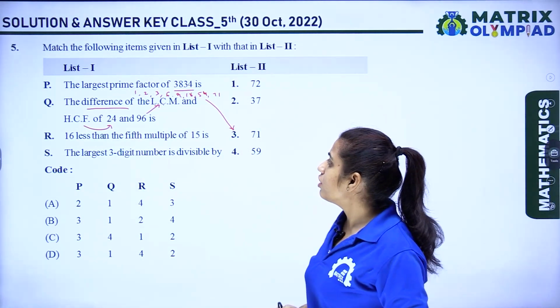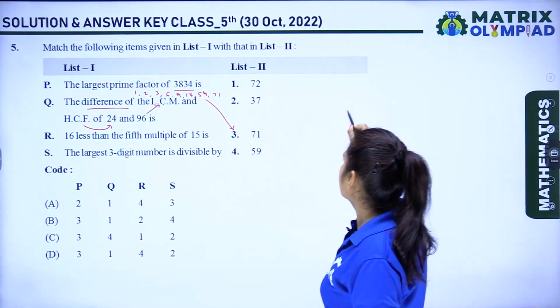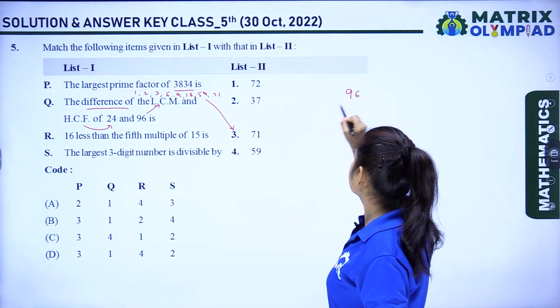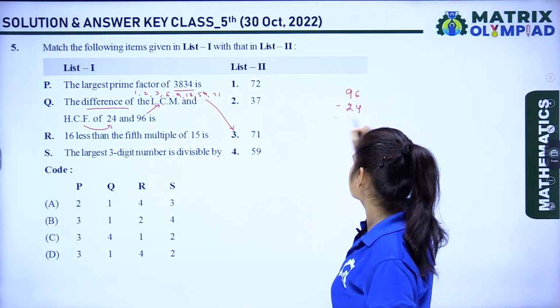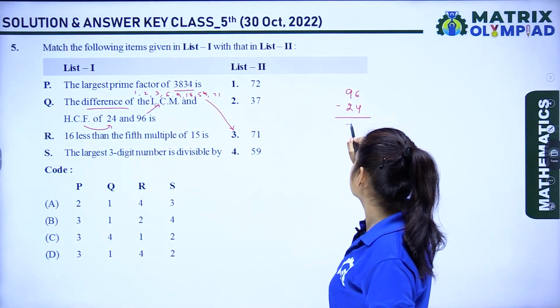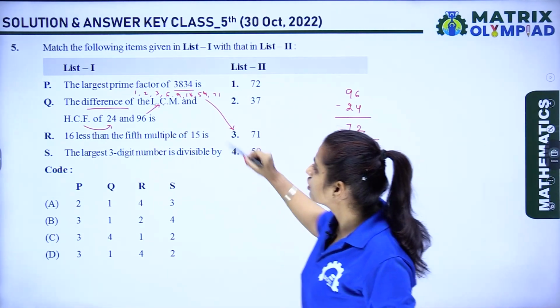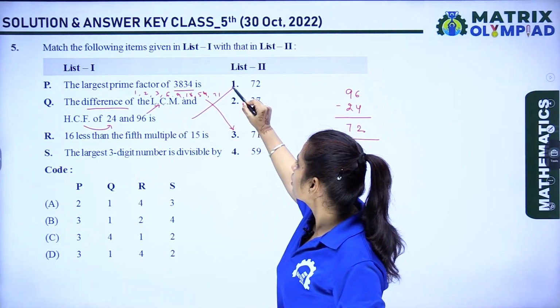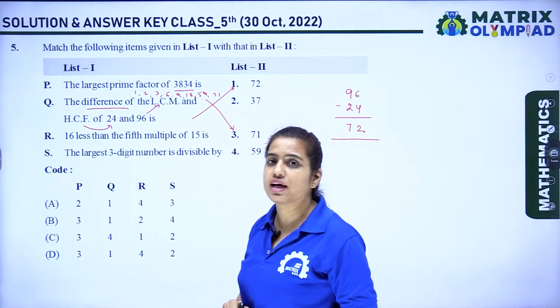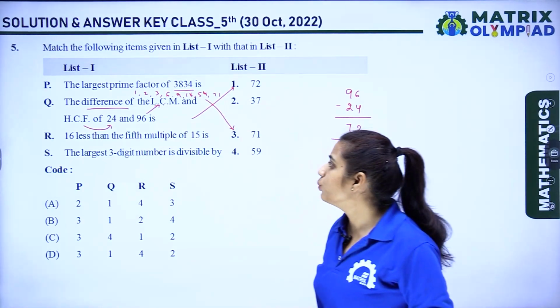So, the difference of the LCM and HCF of 24 and 96 is 96 minus 24, we get 72. So, here option 1 is the correct answer for Q.